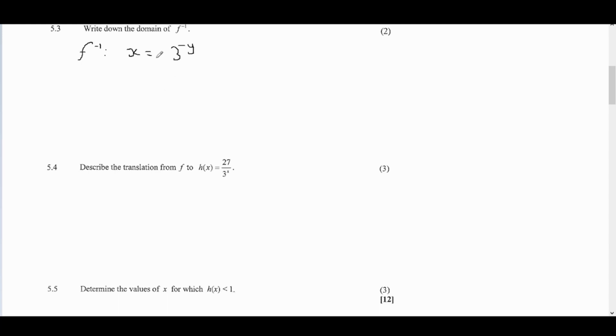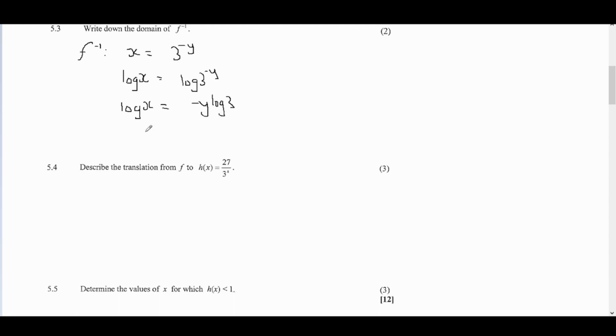Then to solve for y from here, we introduce logs on both sides. So that becomes log of x equals log 3 to the minus y. We can then move our exponent forward, so it becomes log of x equals minus y log 3.